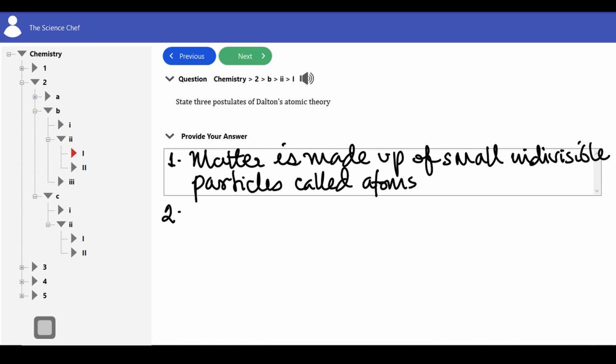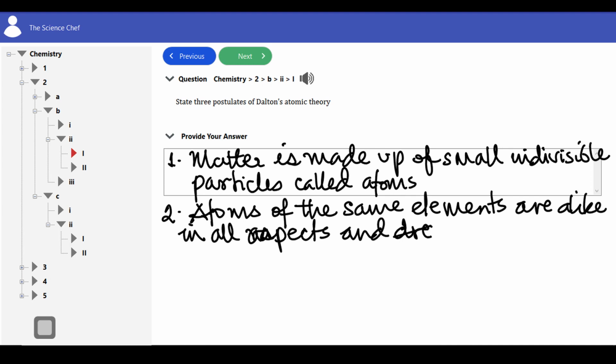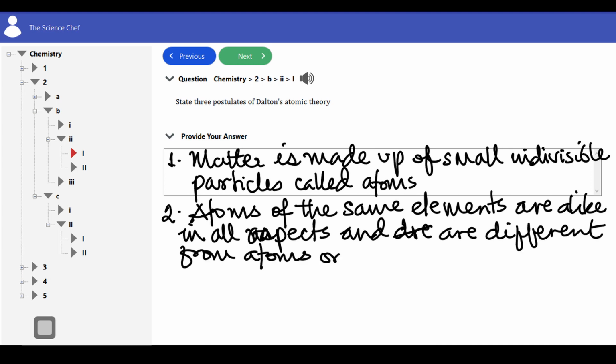Which is wrong. 2, it said that atoms of the same element are alike in all ramifications or in all aspects, and are different from atoms of other elements, which is not completely correct because of isotopy.